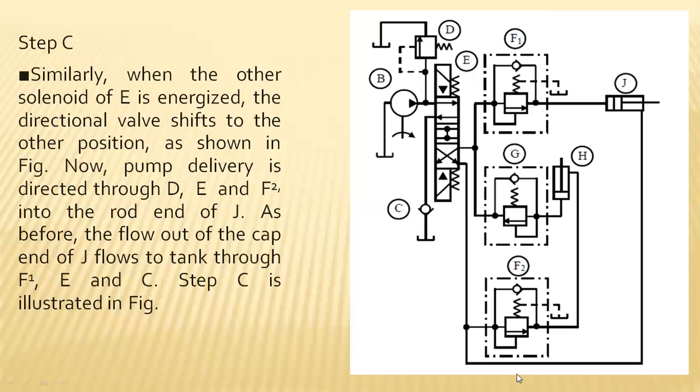So the freely flowing fluid will be entering from this channel to J first before entering this F2. After crossing this F2 only will it enter the H. But here the sequence valve is obstructing the flow. So when a high amount of pressure has been created, then only will it enter.